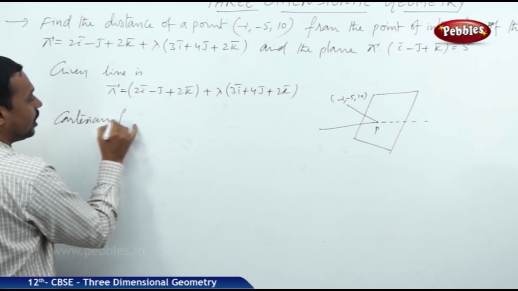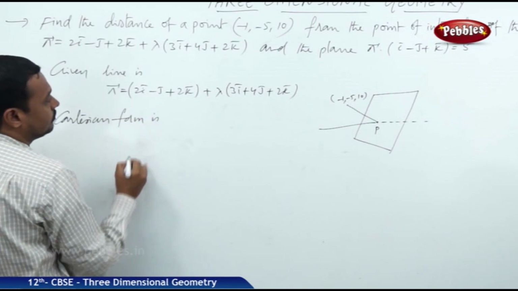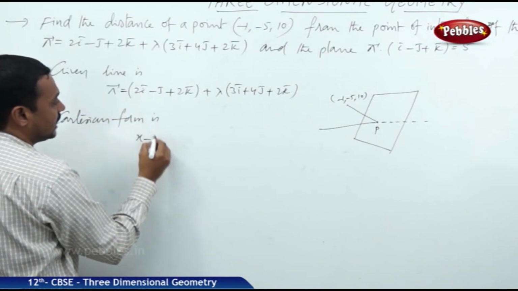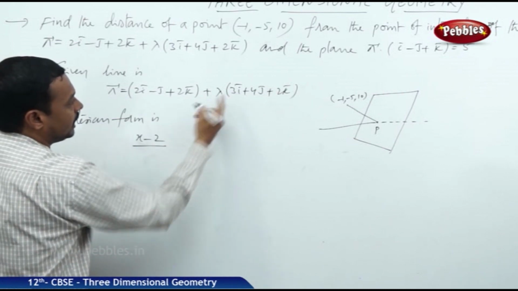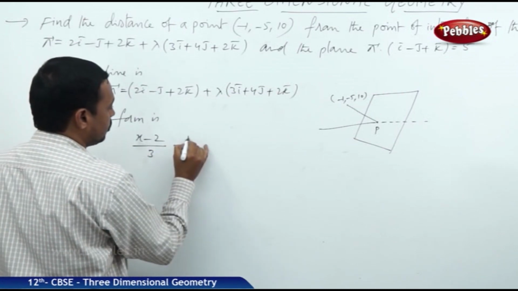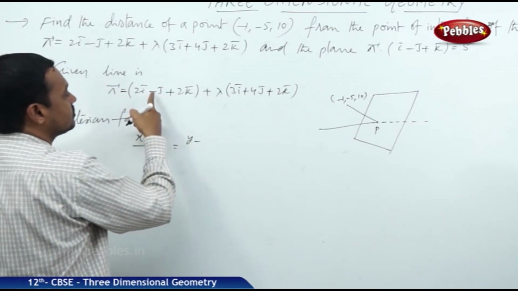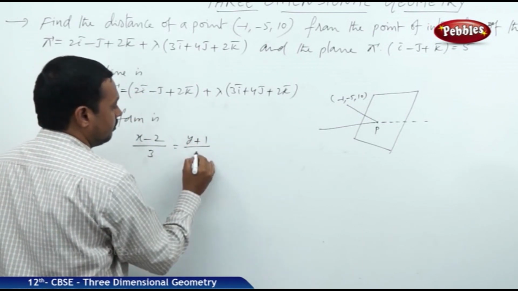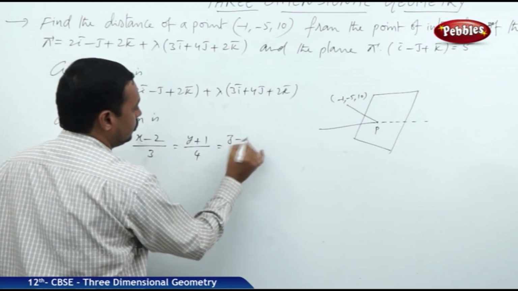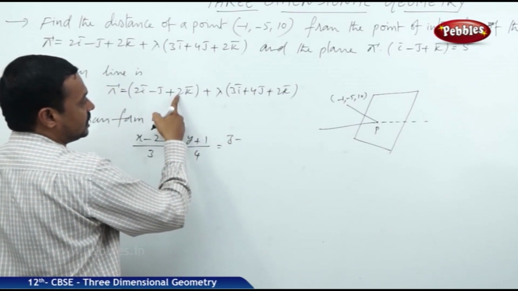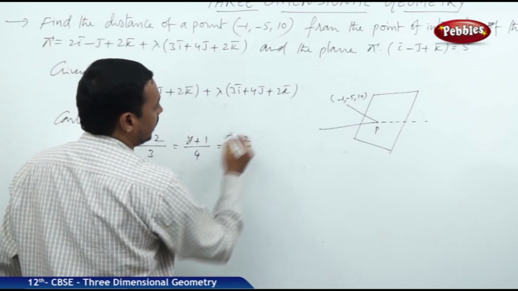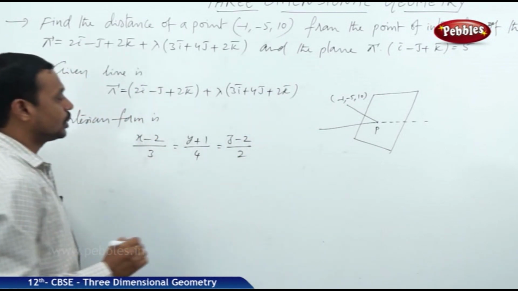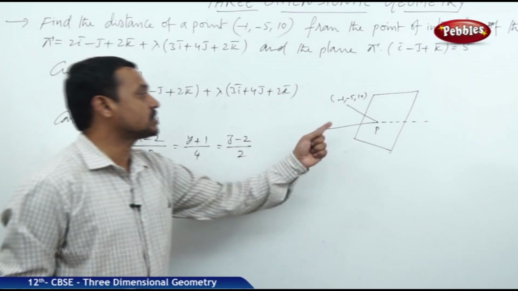The Cartesian form is (x minus 2) by 3 is equal to (y minus y1, here it is minus 1, therefore y plus 1) by 4 is equal to (z minus 2) by 2. Now, this is the Cartesian equation of the line.